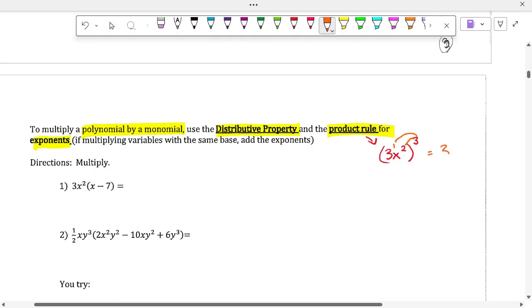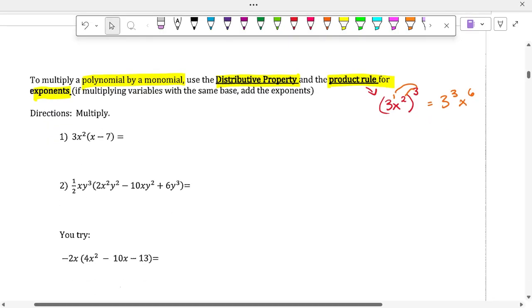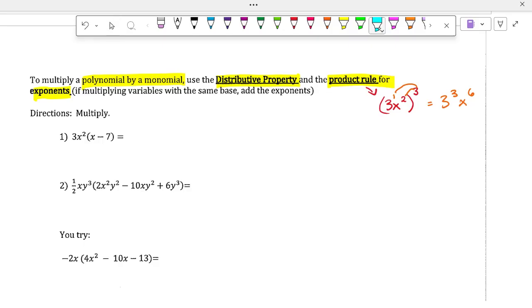So this would be 3 cubed x to the 6. You just multiply the exponents.